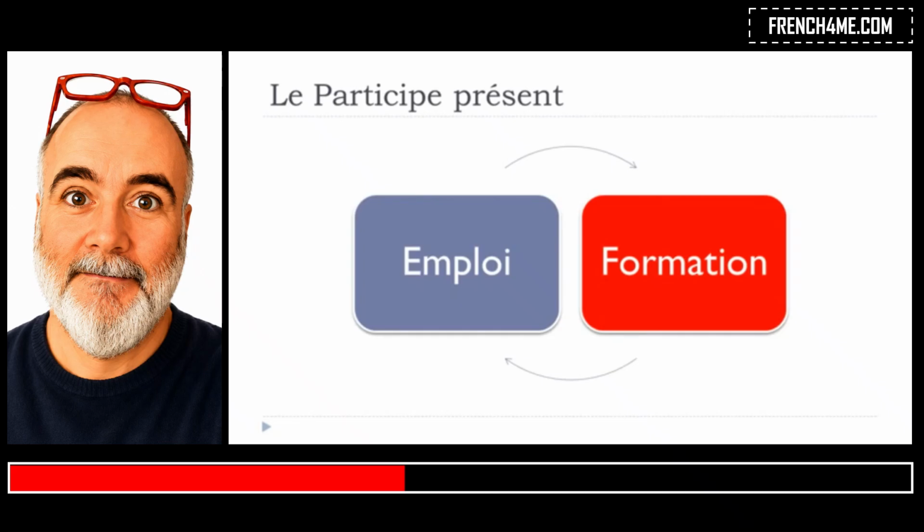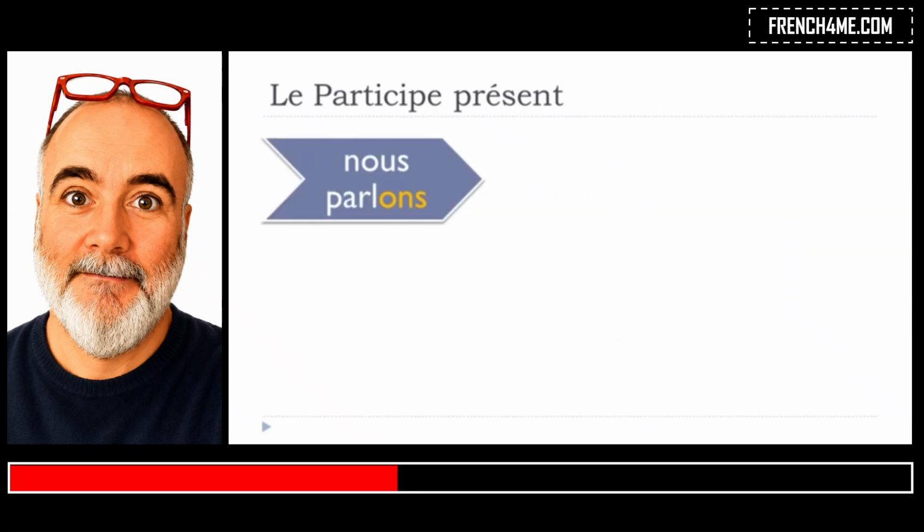So how do we make this participe présent form? It is quite easy, especially at this level now, because you will first have to know the nous form of the verb at the present tense. Nous parlons.